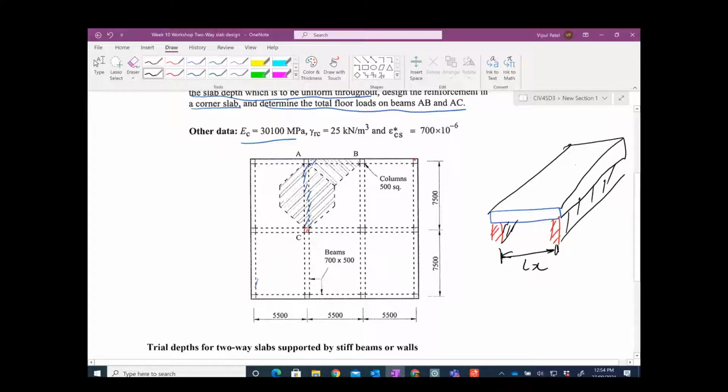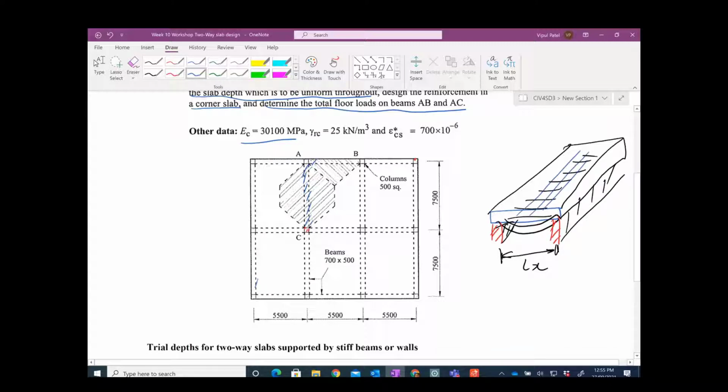That's how we do the design. We don't do it the other way because there is no bending. It will just bend in that fashion, so we generally design only for the one-way side, and that is the short span. So we provide the main reinforcement along this one, and then temperature shrinkage reinforcement along the longer span.